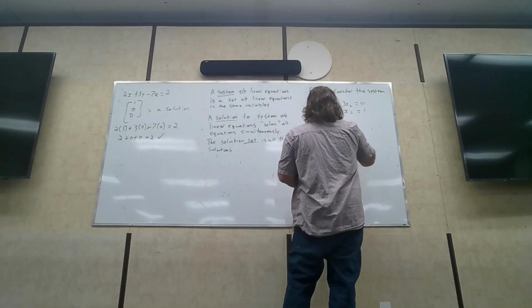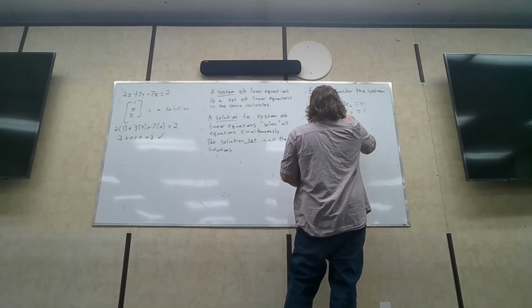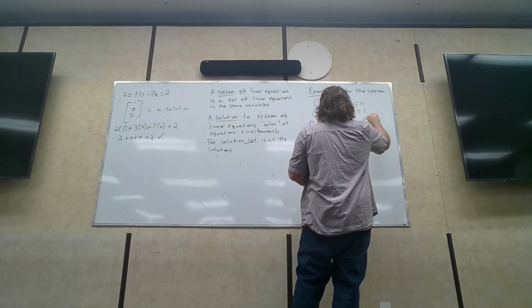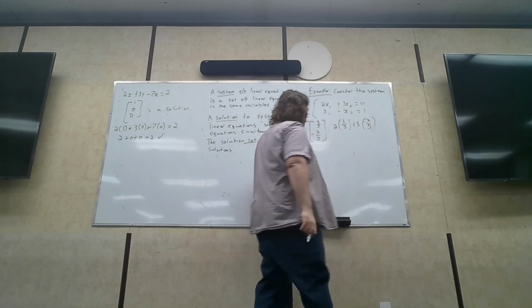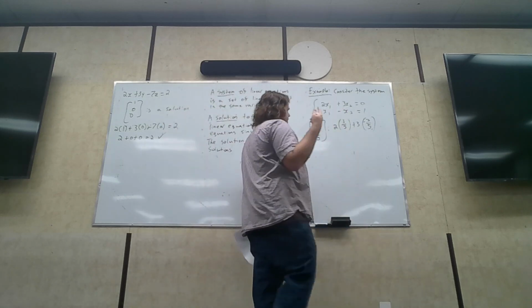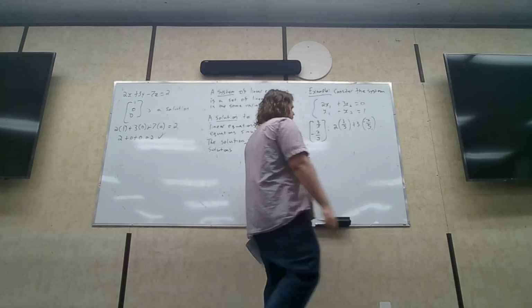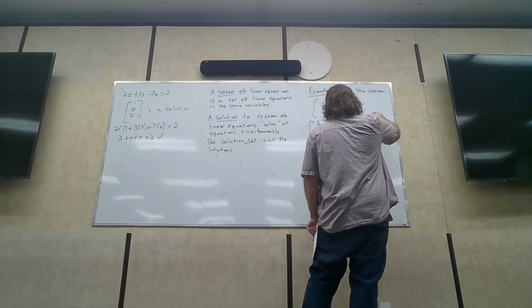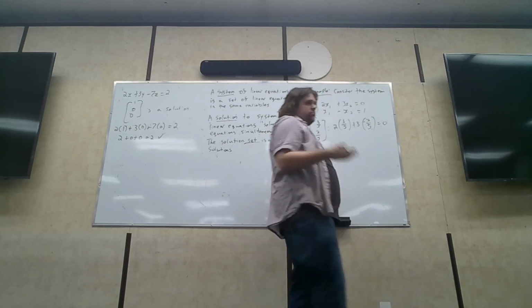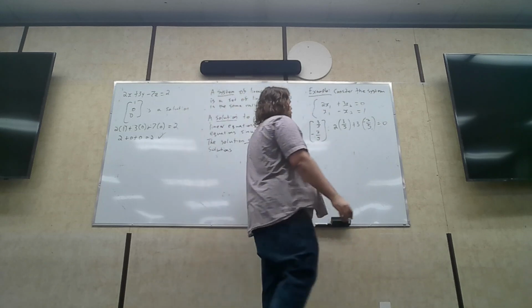So 2 times 3 over 5 plus 3 times minus 2 over 5. So let's figure this out. 2 times 3 is 6 over 5. 3 times minus 2 is minus 6 over 5. So 6 over 5 minus 6 over 5 is 0. Okay, good. It solves the first equation.